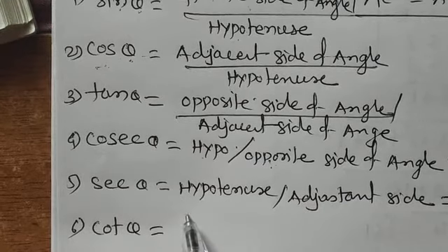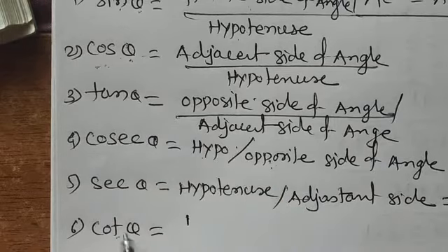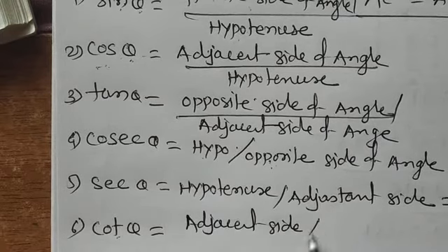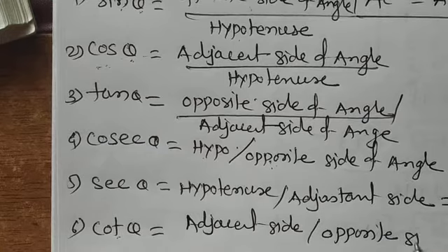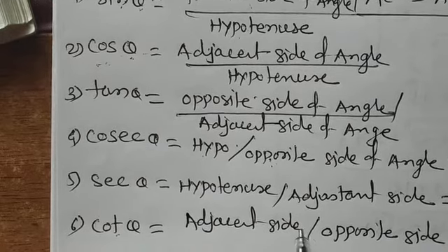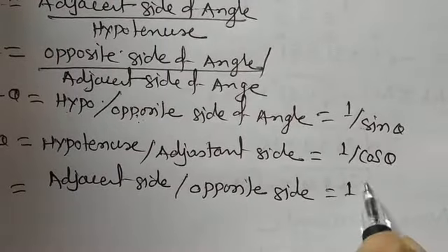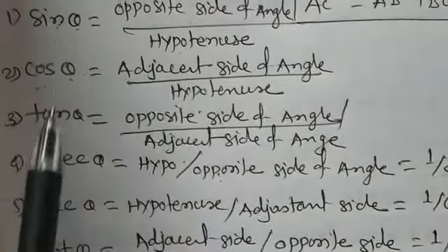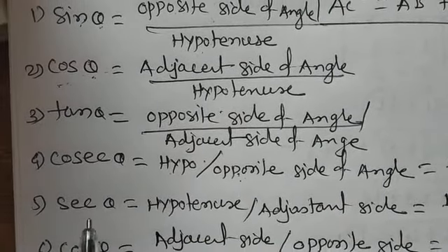Tan is opposite upon adjacent, so cot is adjacent upon opposite side, which means 1 by tan theta.